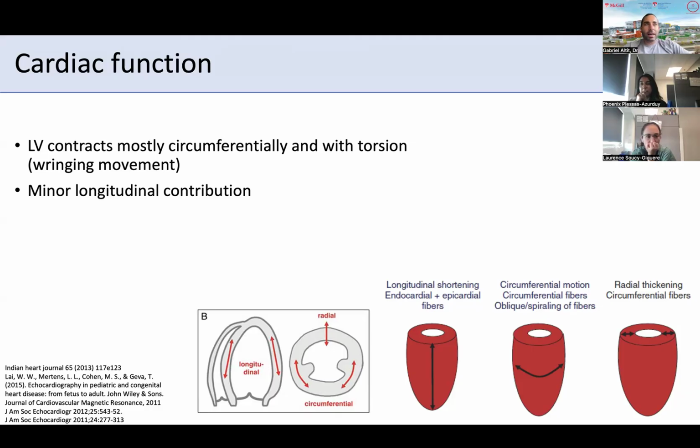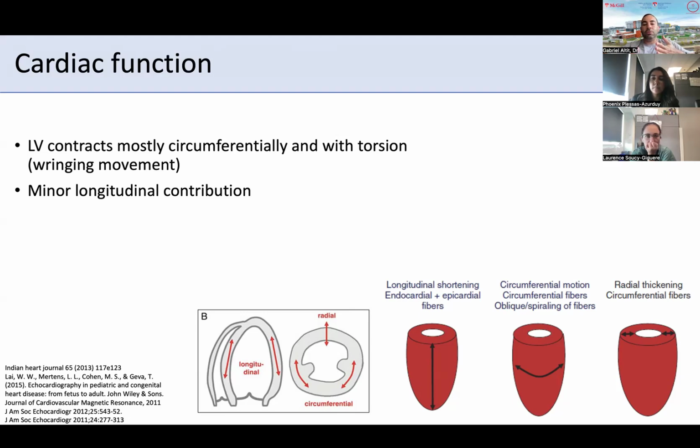Typically this wringing motion becomes more mature starting around 20 weeks of gestation, and goes on maturing up to term and even through pediatric life up to adolescence. So the LV continuously grows, and its functional properties, calcium handling, smooth muscle functioning, electrical wiring, all become more and more mature with time.